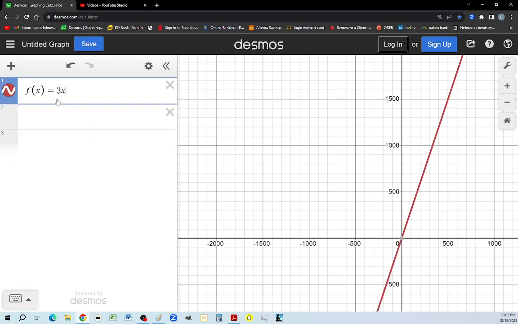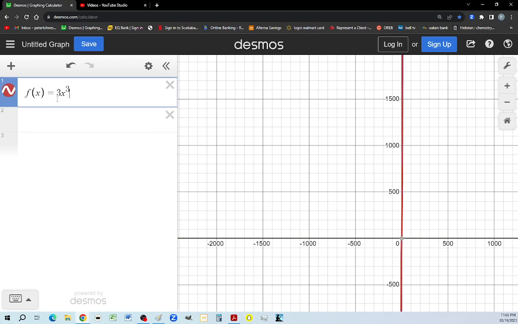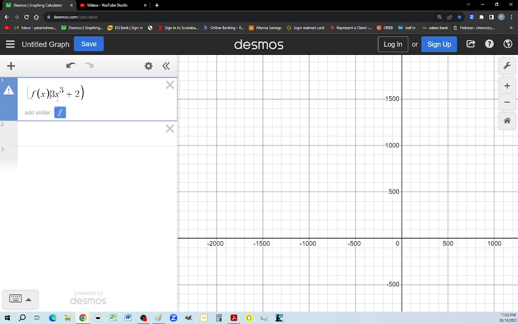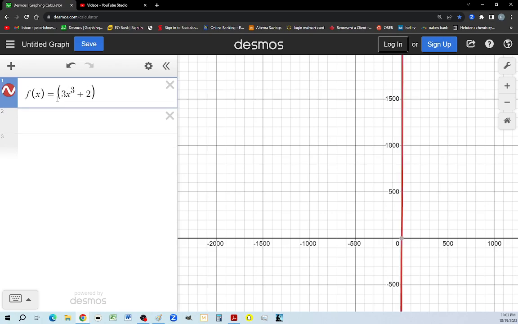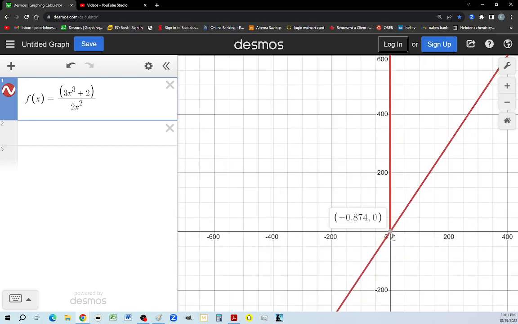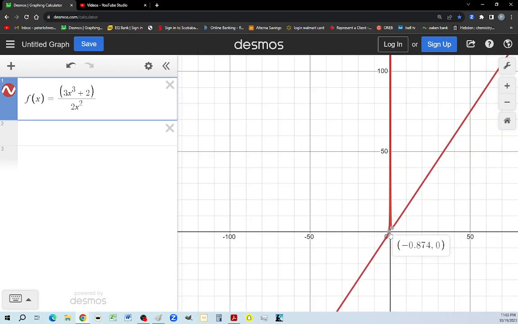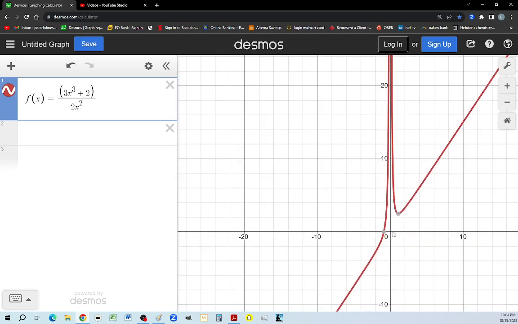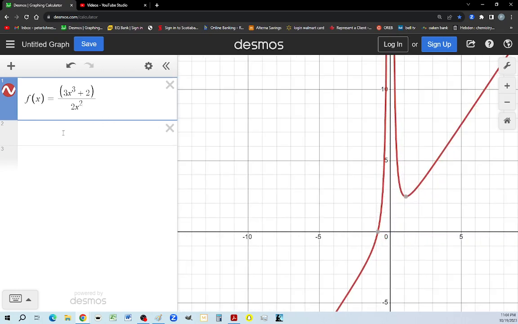So if we have 3x cubed, let's say plus 2, and we divide it by, let's say, 2x squared, we'll get what we want. Goes tearing off to the top, but ultimately we're going to get the equation.